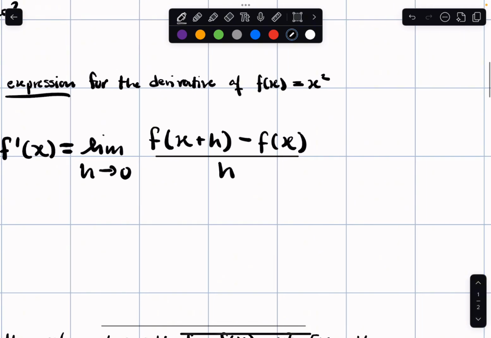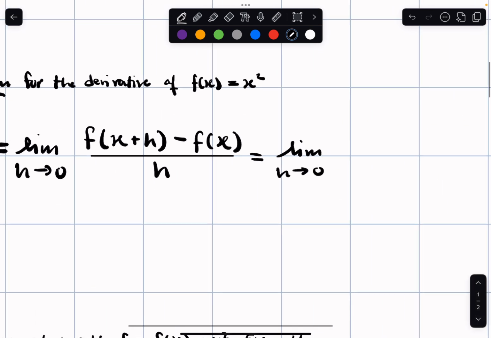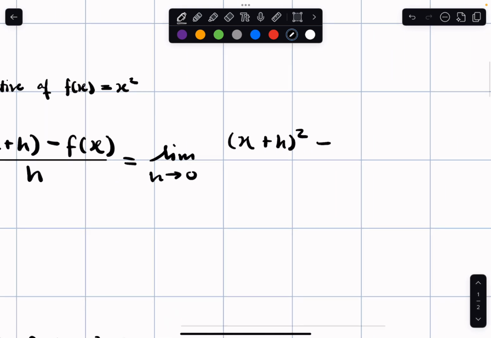Okay, well, this is our f of x, and we'll just rewrite the limits one more time for proper notation. So f of x plus h is going to be x plus h squared, because all you're doing is just plugging the x plus h into the x squared, the minus f of x, and the f of x is just x squared divided by h.